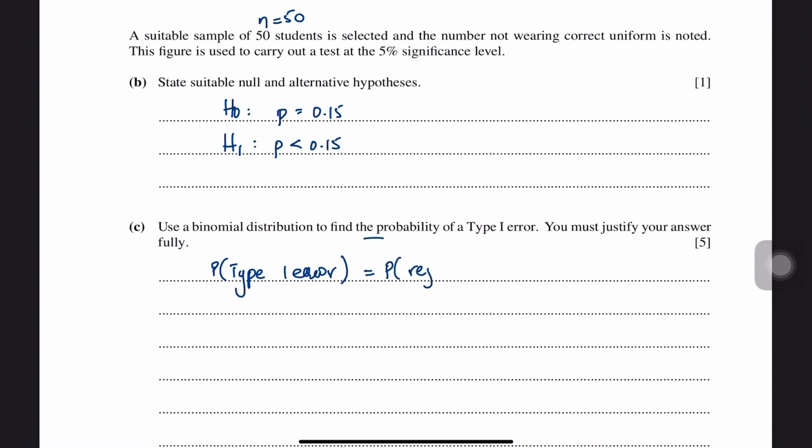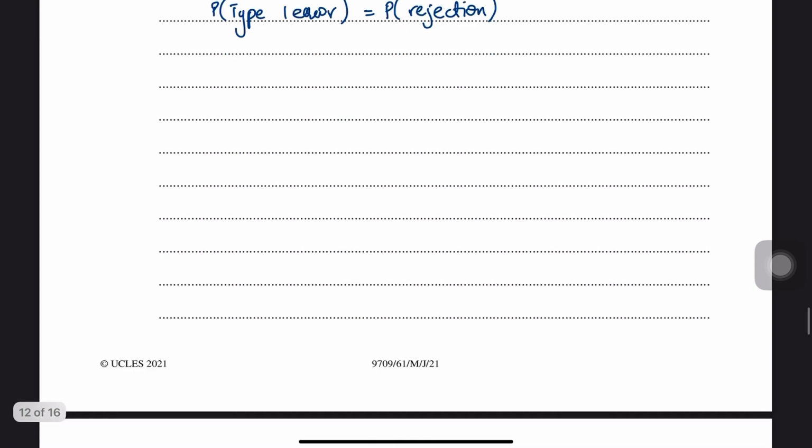So I'm going to have to do some trial and error and test some probabilities. Although n is large but p is not small, since it says use a binomial distribution, I have to continue using a binomial distribution.